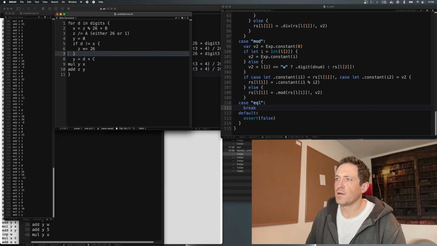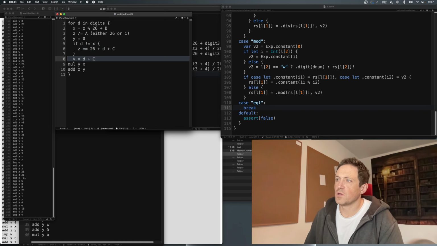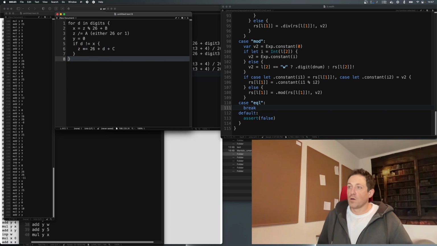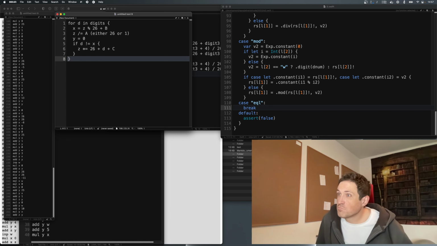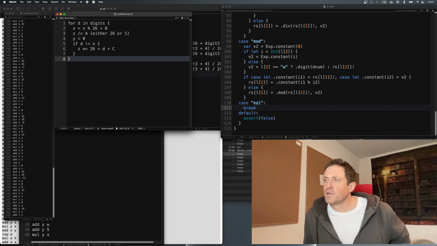This is again, so this goes in that conditional, and we say plus D plus C. Okay. So I think that's what our block does.